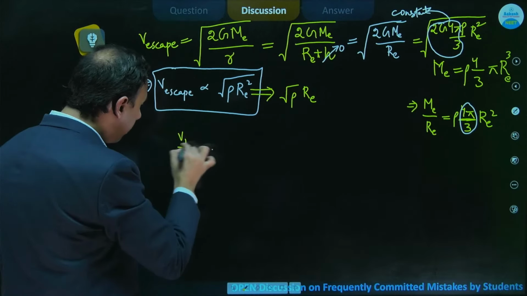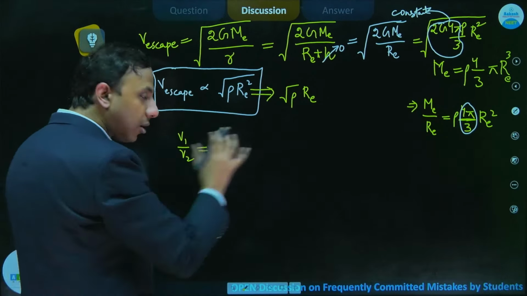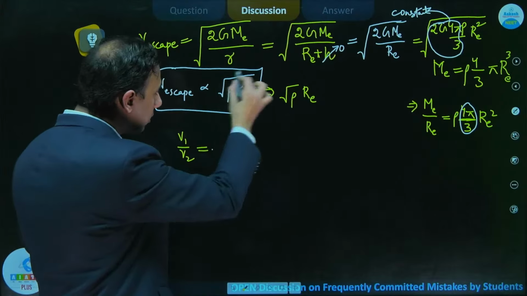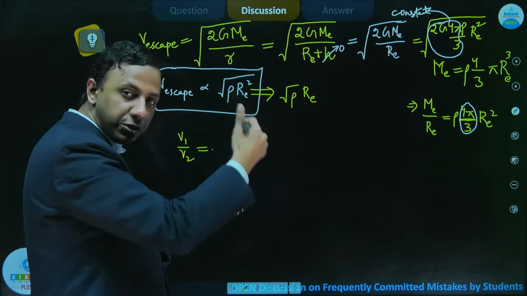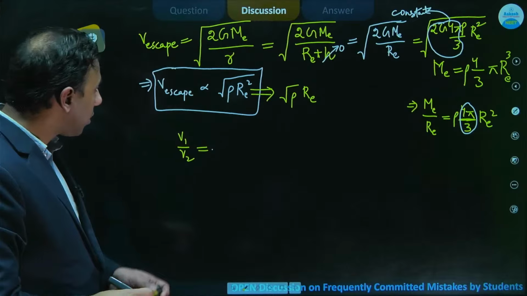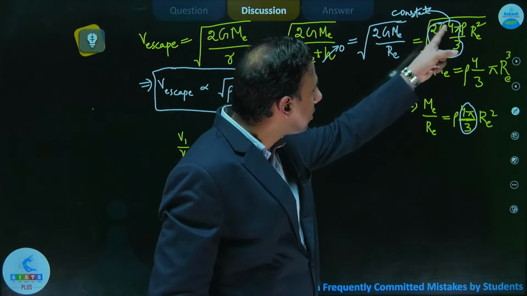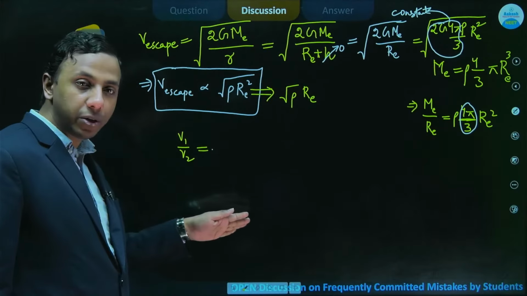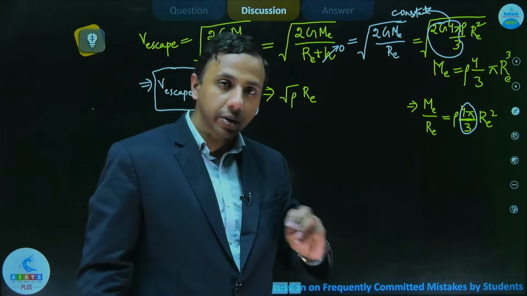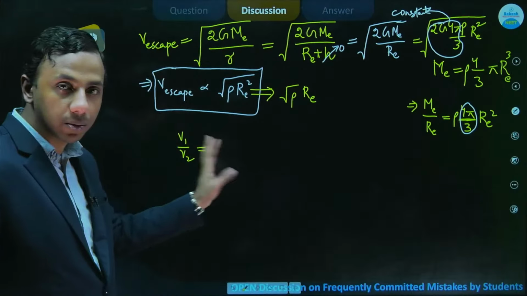On the RHS side, only this term's ratio remains, because those constants will come in the numerator and denominator both, and they will get cancelled out. So they cancel, that is why we are not writing them.